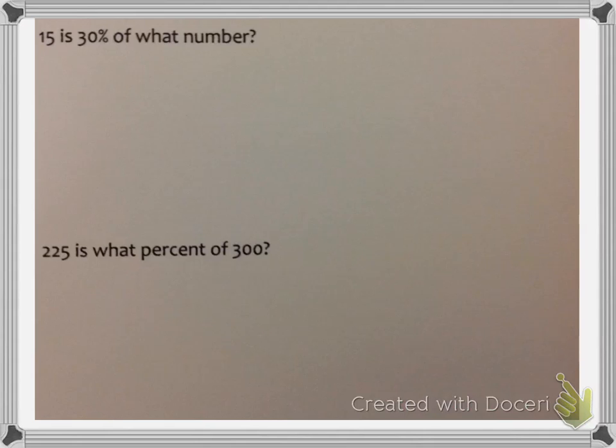15 is 30% of what number? So we're going to set up our percent proportion, part over whole. And I know that 15 is the part, and it says 15 is 30%. Well, 30% is not the whole. I don't know what the whole is. That's the what number.